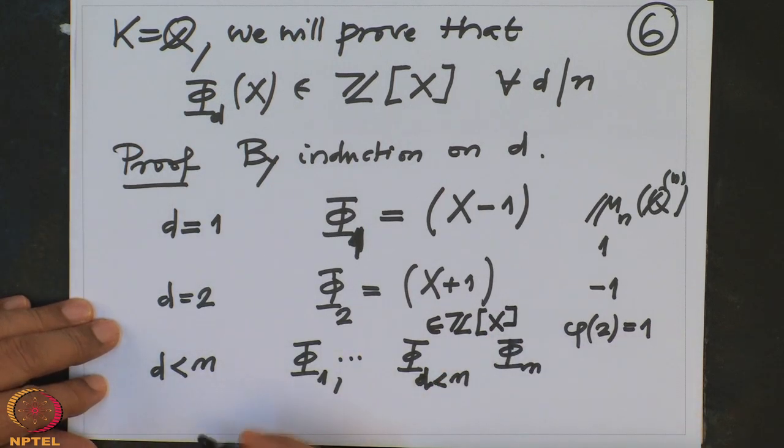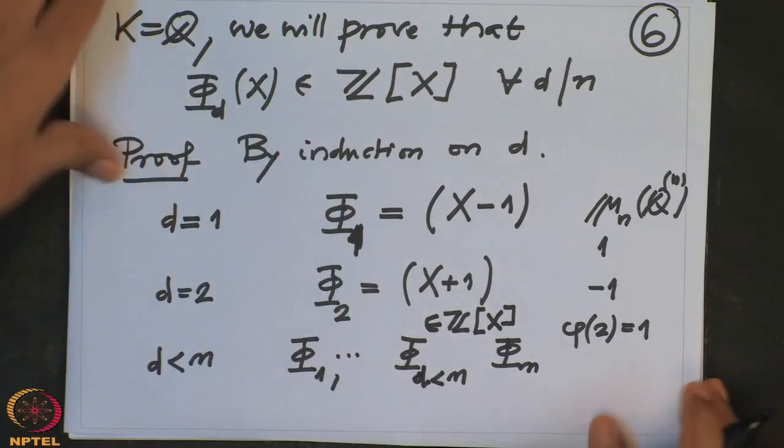But look, we know that when you divide a polynomial over integers by a monic polynomial, the quotient and the remainder are uniquely determined in the division algorithm.